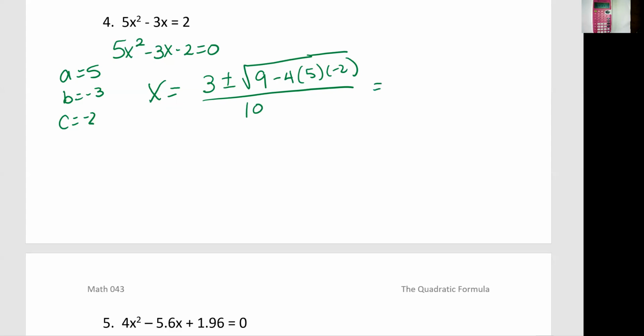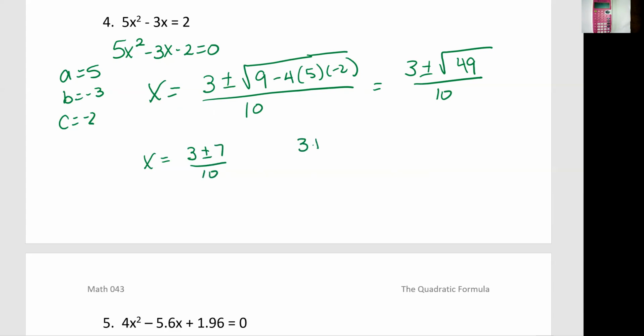Let's simplify the discriminant. Nine minus 4 times 5 times negative 2. Square root of 49. Square root of 49 is 7. So x is equal to 3 plus or minus 7 over 10.